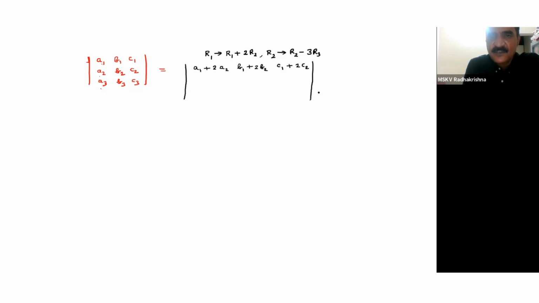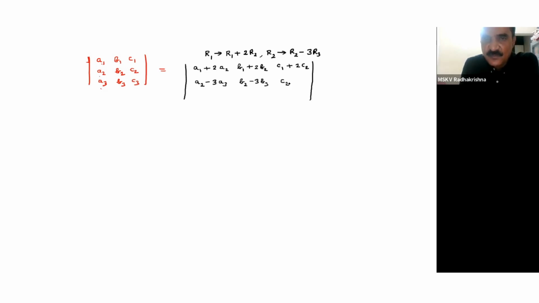Now, I'm changing the second row also. How? R2 minus 3 times R3. So this minus 3 times this. So, A2 minus 3A3. Here, B2 minus 3B3.